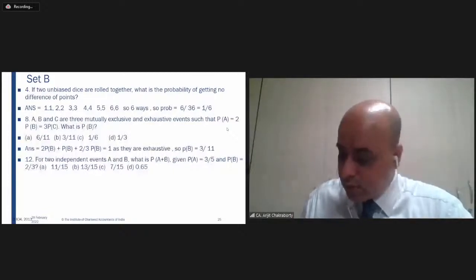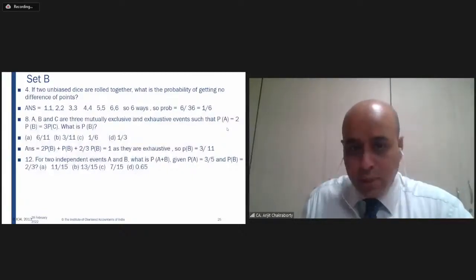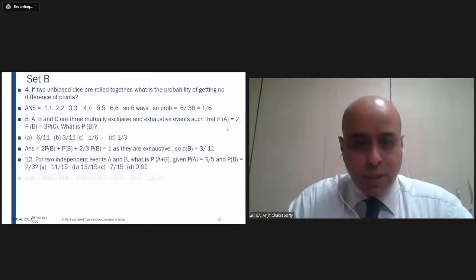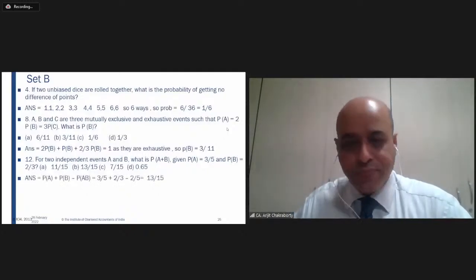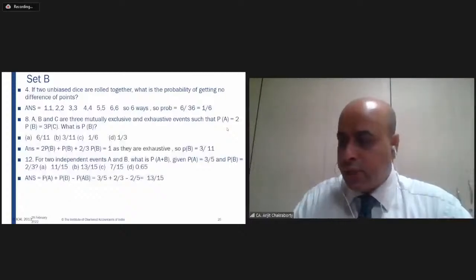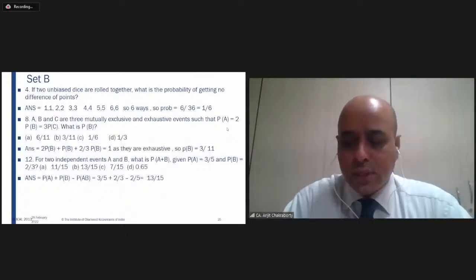Let us find the LCM. It is 15. So it is 9 plus 10 minus 6. I'm getting 13/15. I'm just checking the working out. Yes, the answer is 13/15. Just check it. It's again a very intelligent question based on all the discussions we had. Yes, the answer is 12B, 13/15.